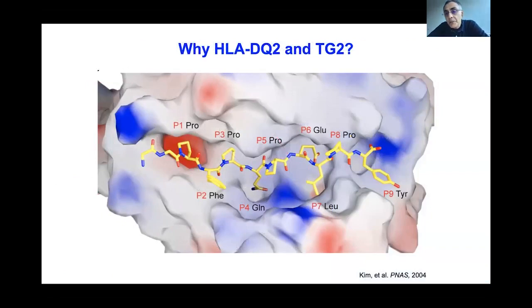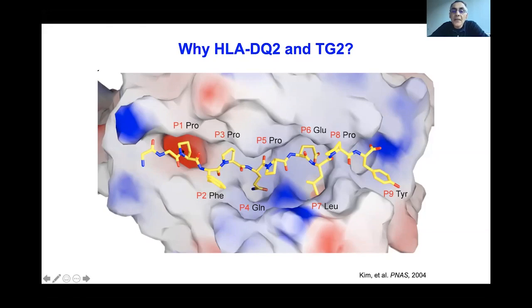I also mentioned we were interested in the question why HLA-DQ2 and why transglutaminase II are important in this disease. The answer to that question came from a crystal structure that Chu-Young Kim solved in our lab several years ago. This is an example where a picture is really worth 1,000 words.